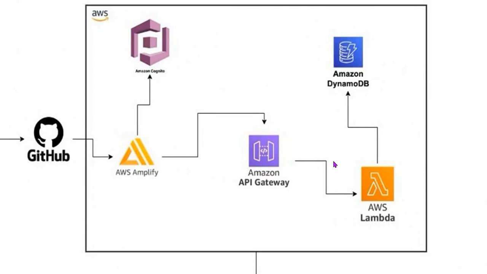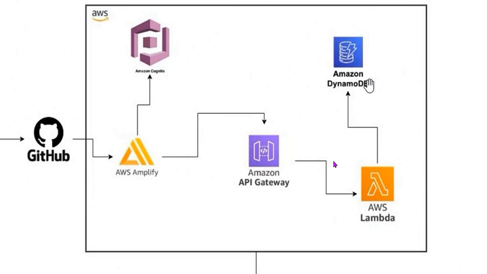Okay, so this whole infrastructure I have created from my CLI. AWS Amplify provides this feature where from the CLI you can add Amazon Cognito authentication, and you can also add API Gateway for your specific Lambda function, and you can also create storage from your CLI and add a DynamoDB table.